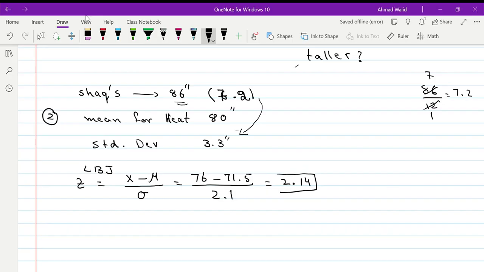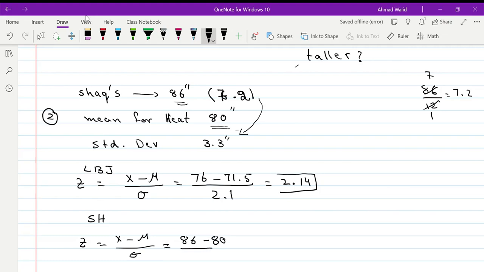If I do the same calculation for Shaq, then z equals x minus mu over sigma, which gives you 86 minus the mean for this team. The mean for this team is 80, right?